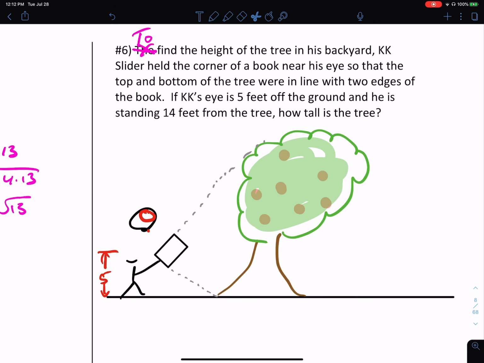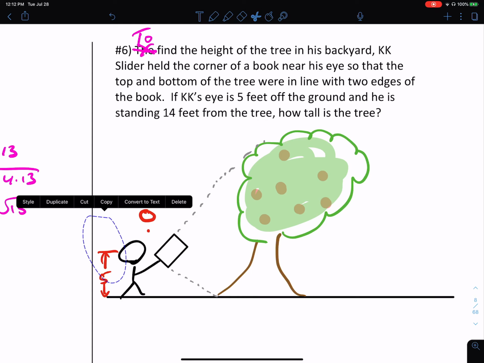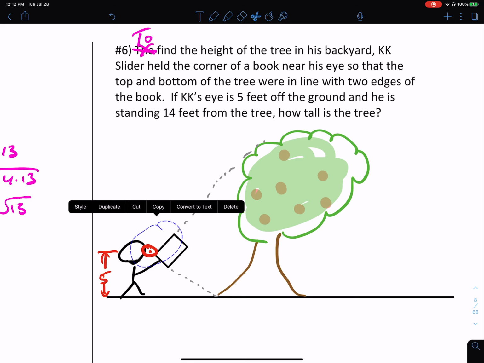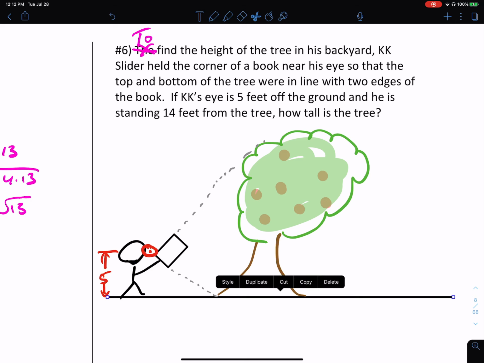Still, his eye is right there on that book. He's quite talented. It says that he's 14 feet from the tree. So we're going to draw this 14 feet here, which is going to make this great for us if we make it this way.